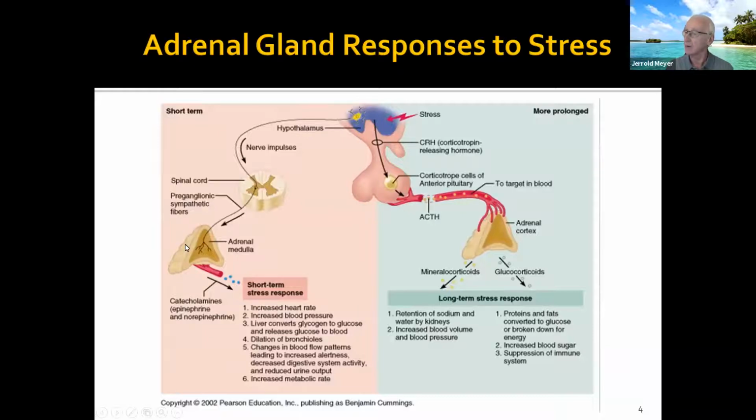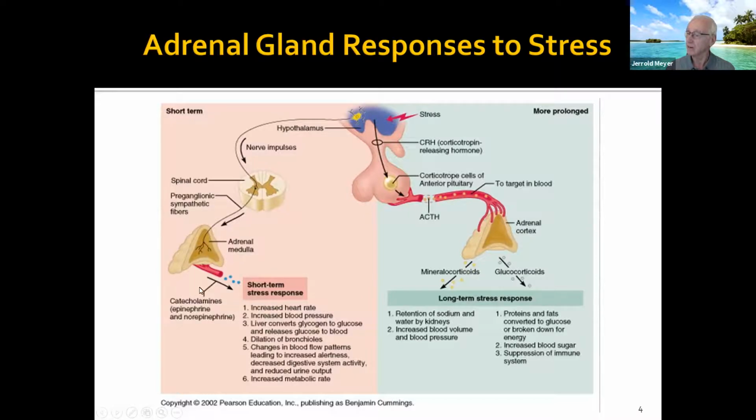So we're going to be talking here in this second session about one part of the adrenal gland, which is the adrenal medulla. That's the interior part of the adrenal gland. And this shows a nerve pathway that goes directly to, that innervates the cells. They're called chromaffin cells, for those of you who might not be familiar with that.